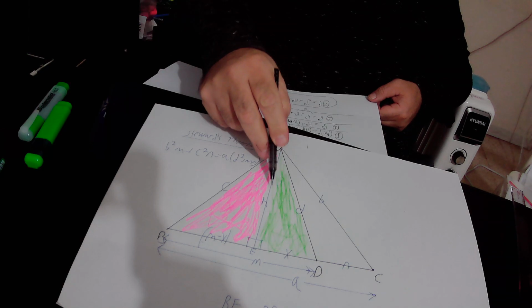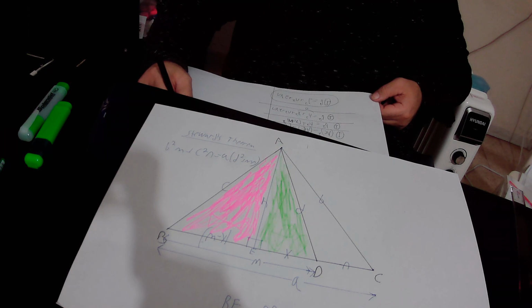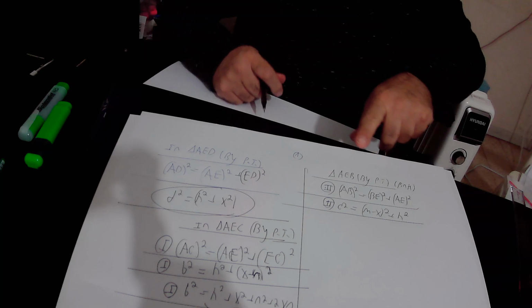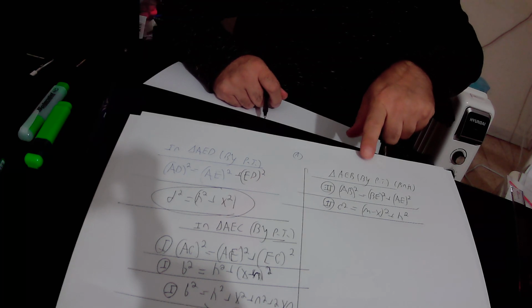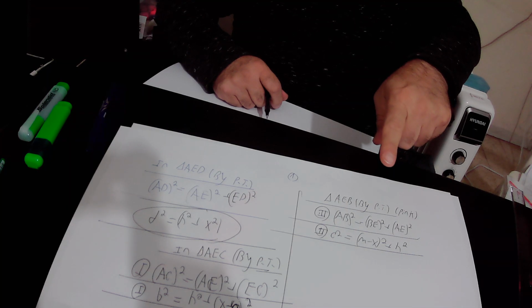AE equals h according to our definition, therefore AE squared is h squared. In conclusion, we found out that according to the Pythagoras theorem, in the pink triangle ABE, c squared equals (m minus x) squared plus h squared.